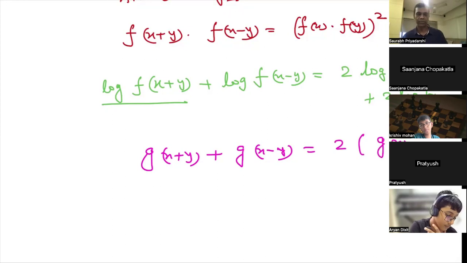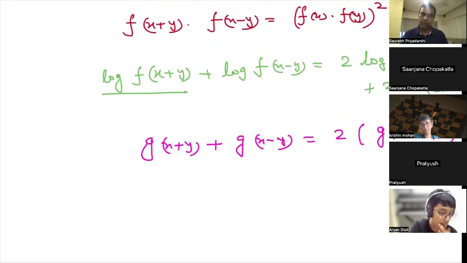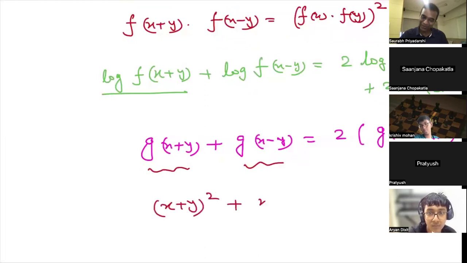Is this okay? By observation, we can see this is nothing but x plus y the whole square plus x minus y the whole square, which gives x square plus y square.